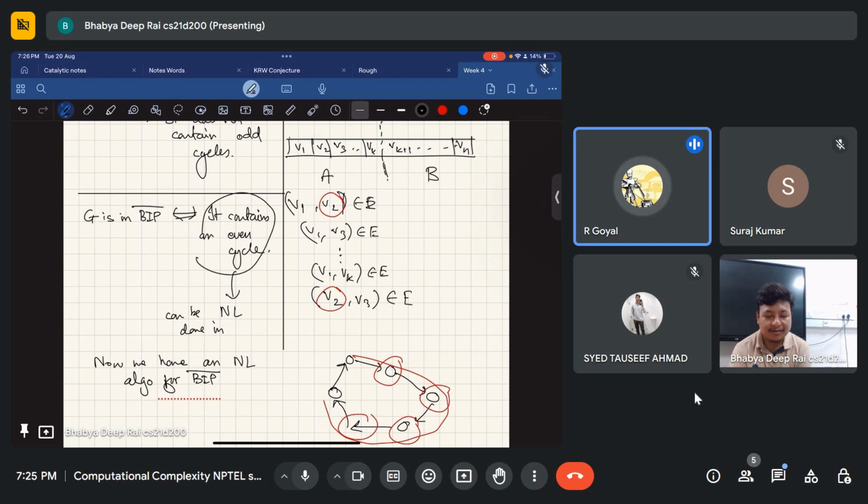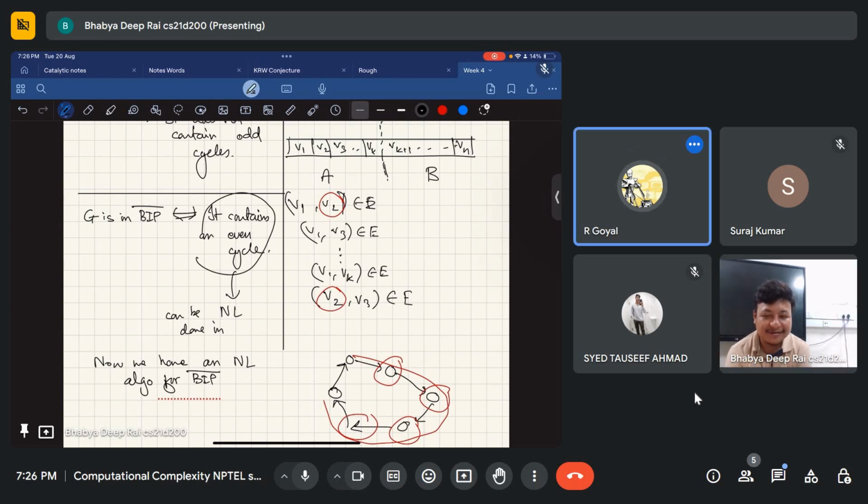So if you give me a sequence of the vertices along with the number that gives the count of the number of vertices in the sequence, both simultaneously, that can be verified in logarithmic space, I think. Or can we use a theorem at this point instead of trying to come up with an algorithm?